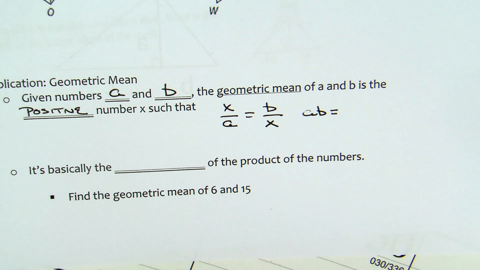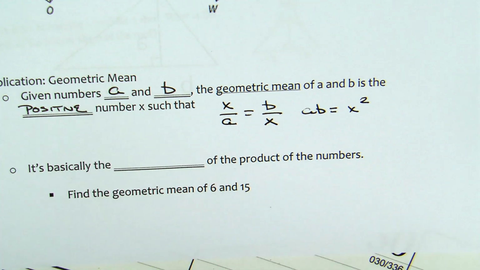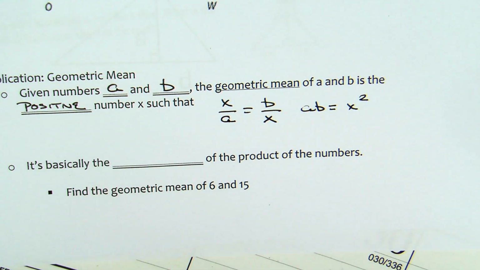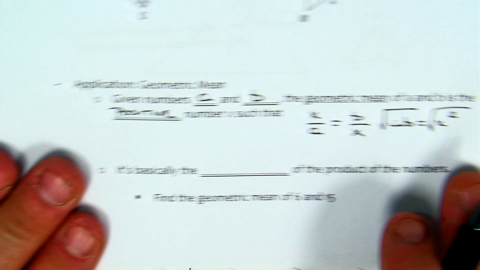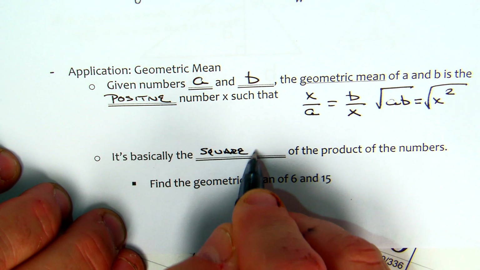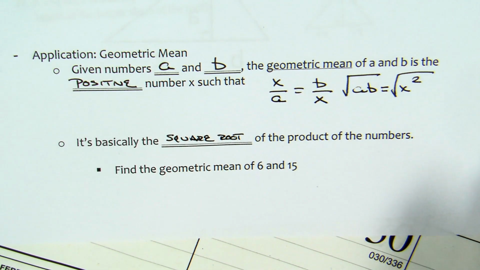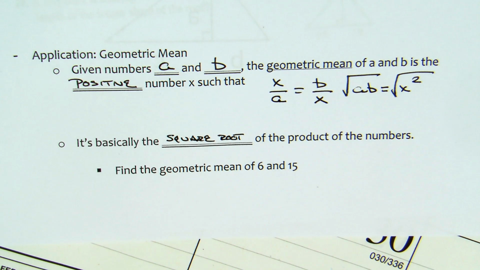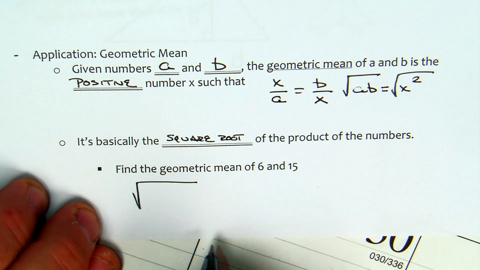X what? Squared. Good. And then if I were to solve for X, from last year, how do you solve an equation with a square root? What do you do to both sides? Square root. It's basically the square root of the product of the numbers. Alright? So if it says find the geometric mean of 6 and 15.